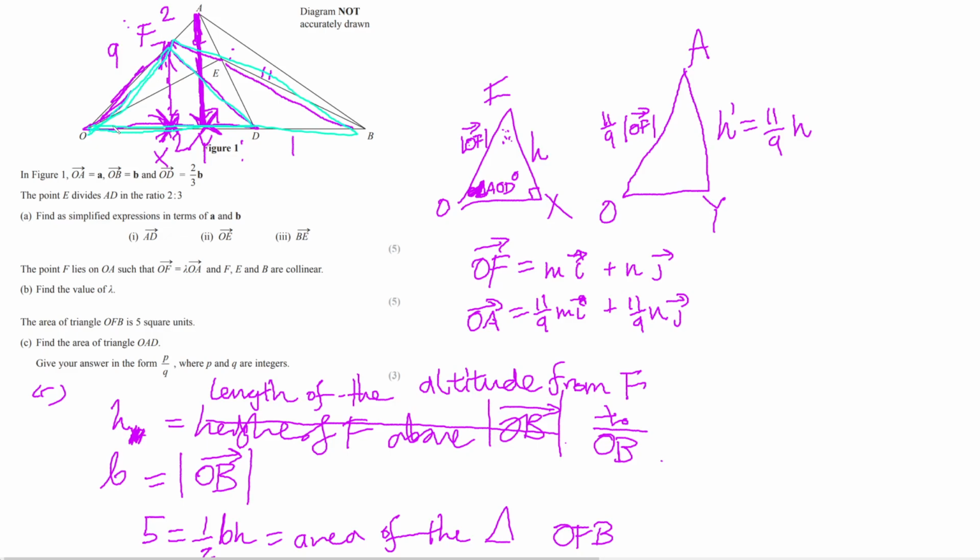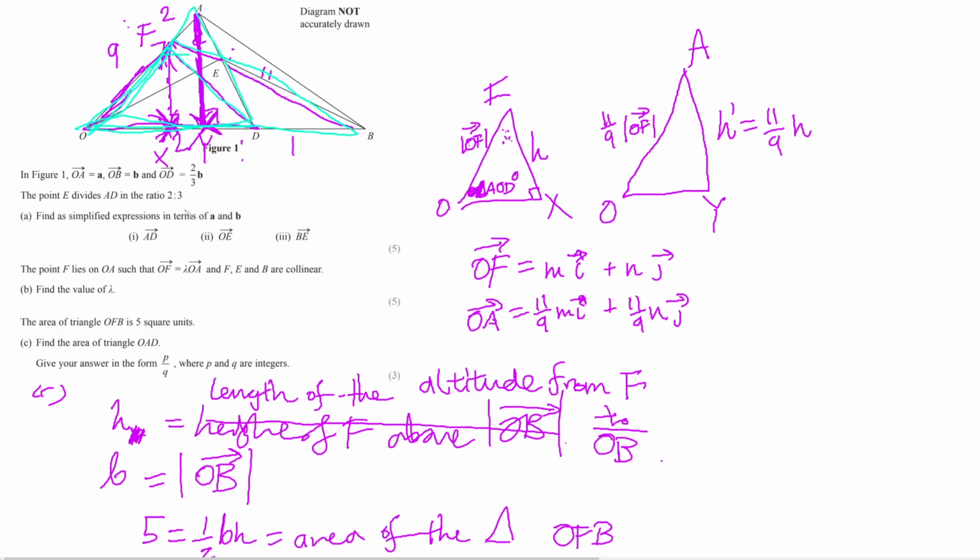So you just write area OFD equals 5 times 2 over 3 equals 10 over 3, and then imagine it growing to fill the entire space up to A, and multiplying by a factor of 11 over 9. So you take your 10 over 3 from the previous question, multiply it by the 11 over 9 from this part of the thinking, and you get your final answer, 110 over 27, with very little effort indeed.